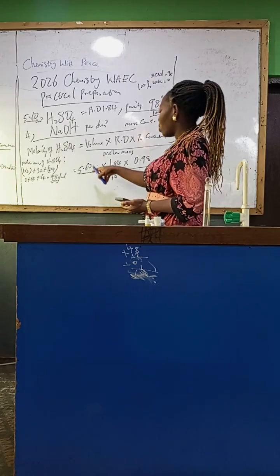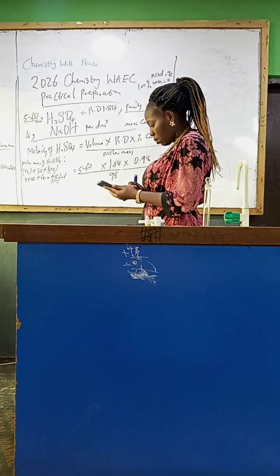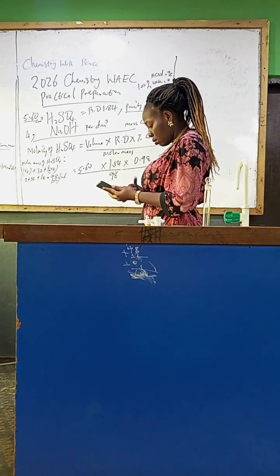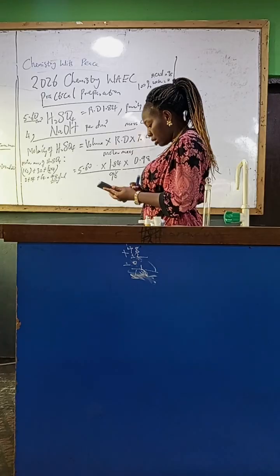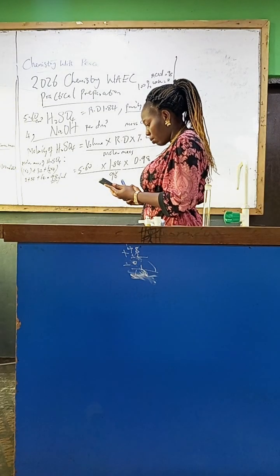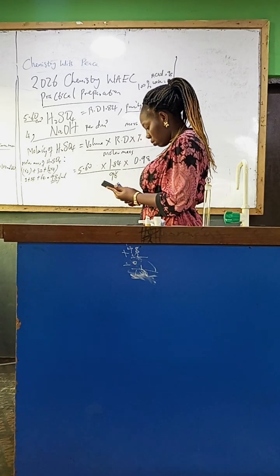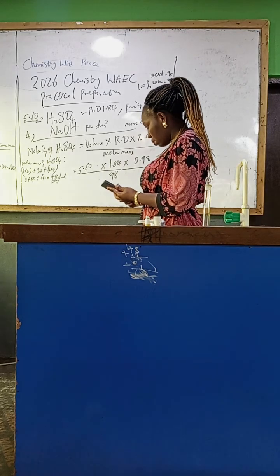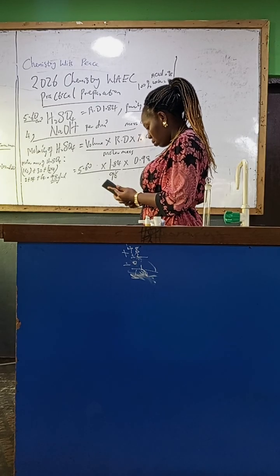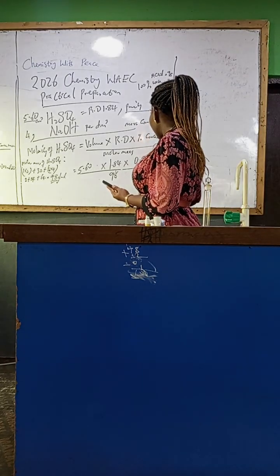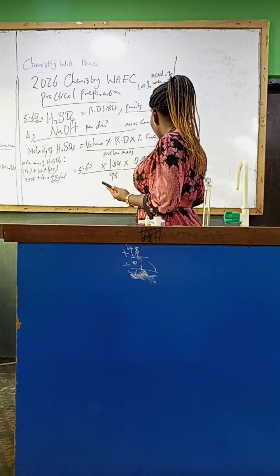Then, looking at this, use your calculator and simplify it. 5.60 times 1.84 times 0.98, all equal to 10.24, all over 98.